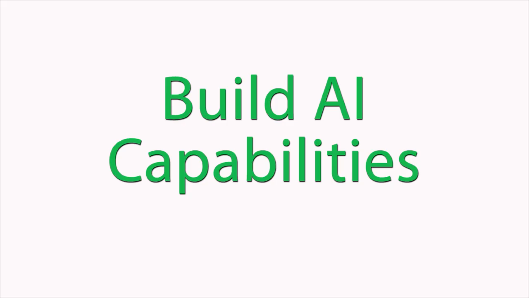Decide whether to build in-house AI solutions, use off-the-shelf AI products, or a combination of both. Consider cloud-based AI services for scalability and flexibility. Talent development and acquisition. Invest in training existing staff or recruit AI specialists. Consider partnerships with academic institutions or service providers.